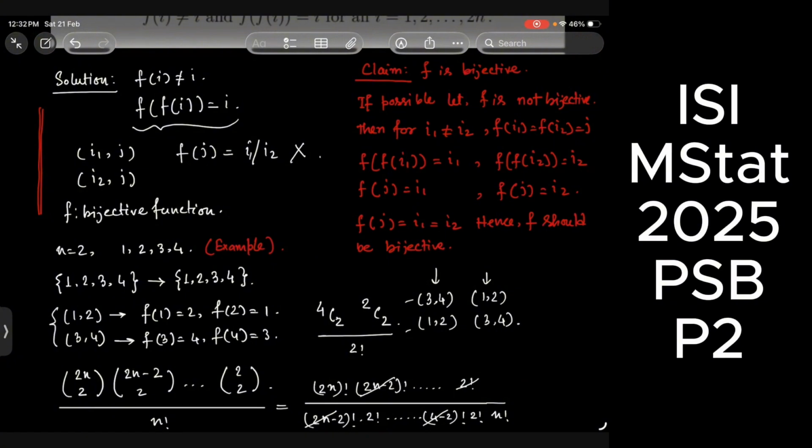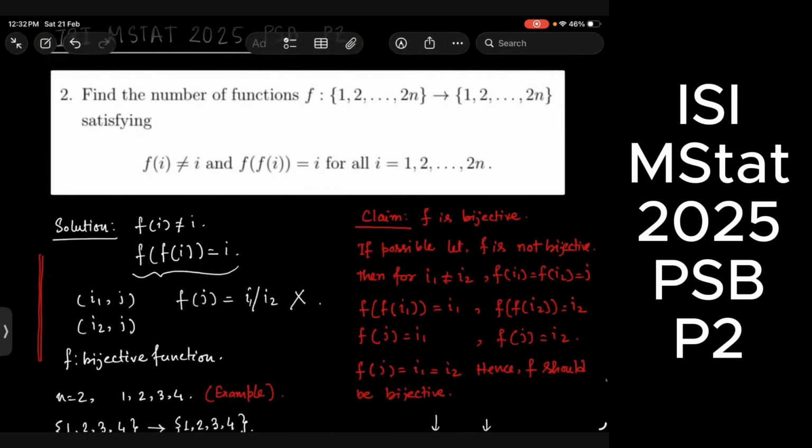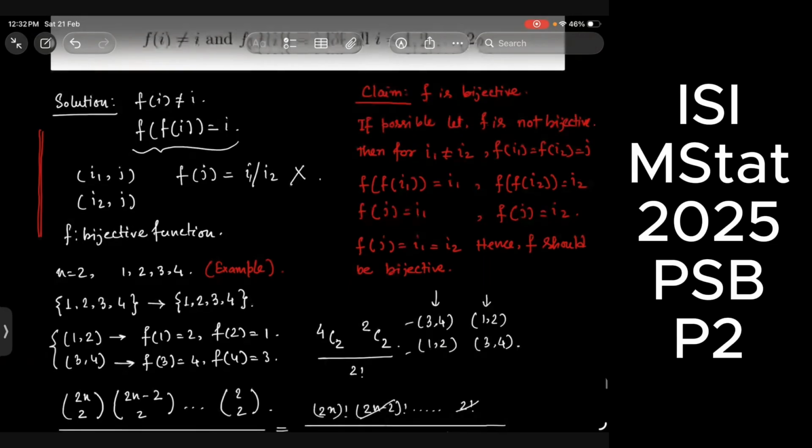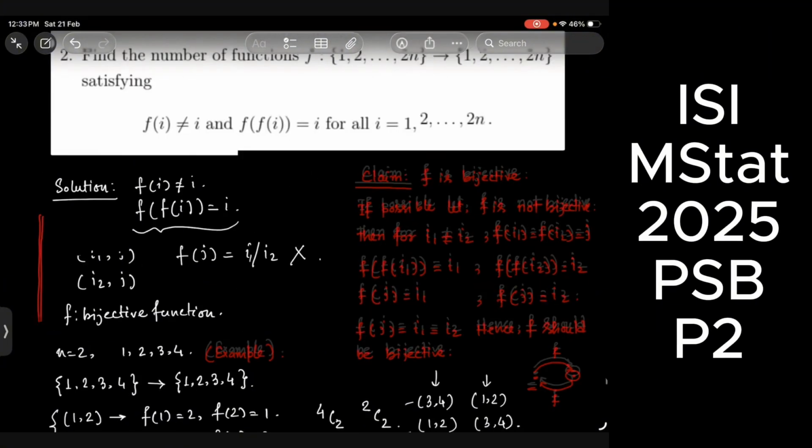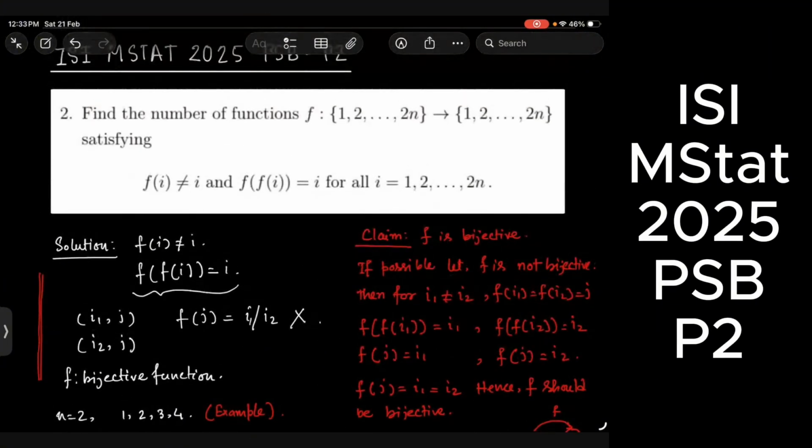Are you getting my point? Why is a group necessary? We have to find these two numbers which will refer to each other in a round robin way. If you put f over here, you will reach over here, and putting f again, we will go back here. That is the main motto of this.